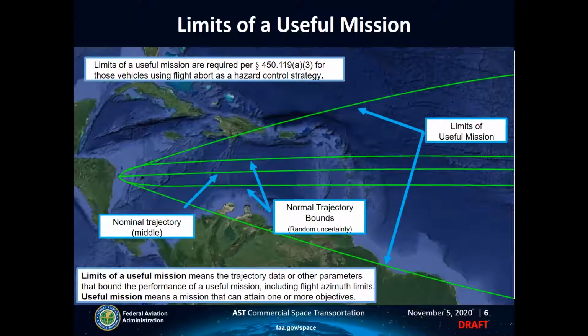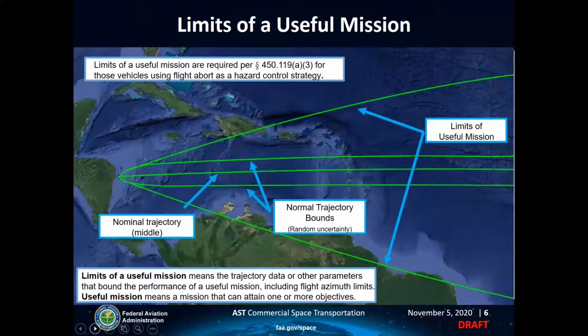So looking at the graphic, again, we'll talk about these trajectory terms later. But the nominal trajectory is the trajectory that the operator plans to fly. That's surrounded by normal trajectory bounds, which include random uncertainties such as effects of winds, guidance and performance uncertainty, etc. Those are usually fairly close to the nominal trajectory.